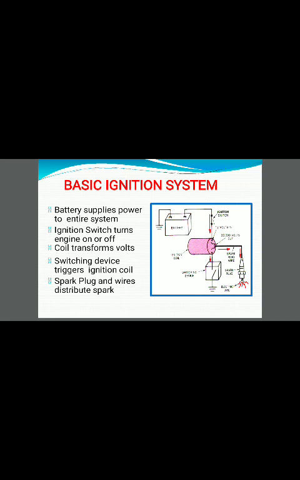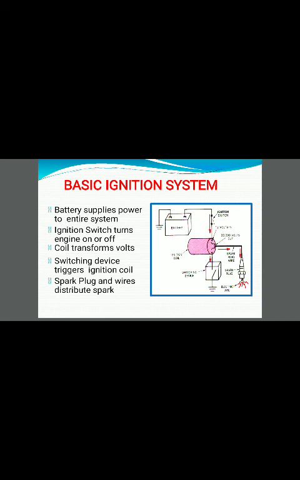Now after the ignition switch a coil is placed. The work of the ignition coil is to transform the voltage. We give the input of 12 volts and this ignition coil converts this 12-volt input into nearly 30,000 volts output.